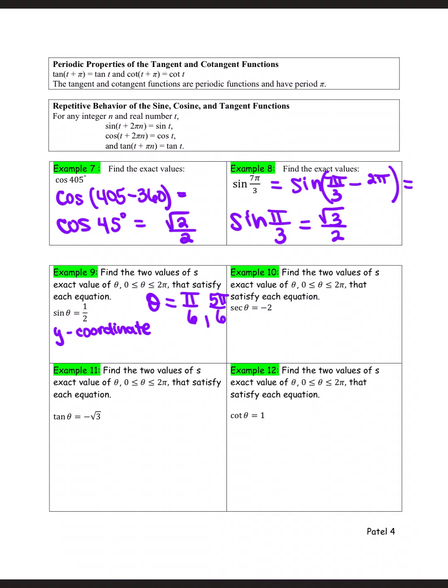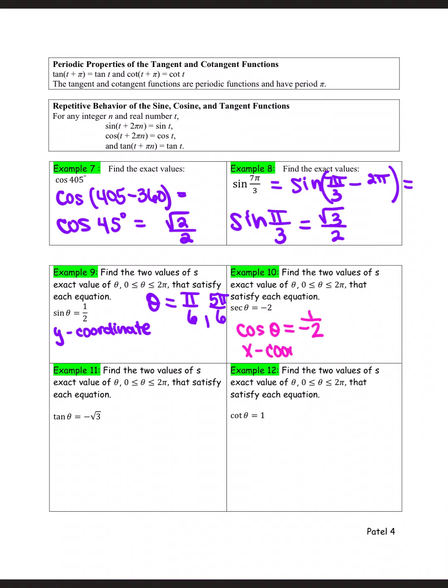Example 10. We're finding the two values of theta, exact values, such that theta is between 0 and 2 pi that satisfy secant of theta equals -2. Sometimes I don't like to think in terms of secant of theta, so I can rewrite this as cosine of theta, and the reciprocal of -2 is 1 over -2. So I'm looking for where cosine of theta basically equals -1/2. Cosine is correlated with the x-coordinate.